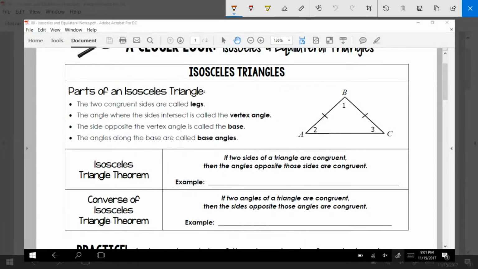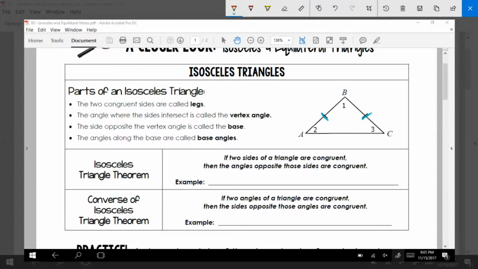If two sides of a triangle are congruent, so let's look at our diagram. If two sides of the triangle are congruent, then the angles opposite those sides are congruent. So look at the two sides in our diagram. Once again, it's going to be AB and BC. These two sides are congruent, right? So then there are two angles that are opposite.